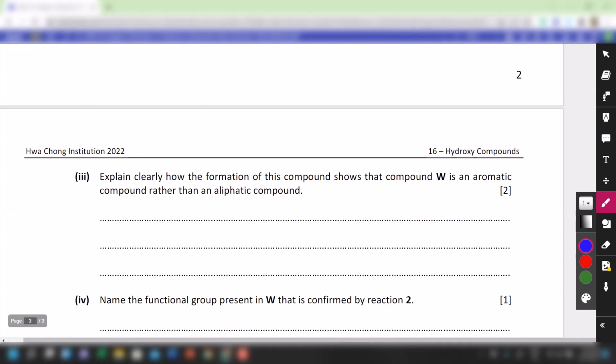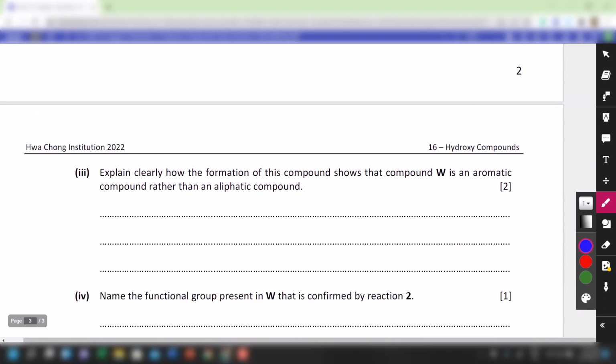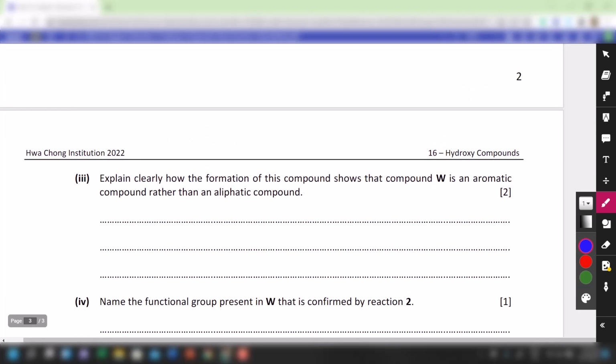Okay, then part 3, explain how the formation of this compound shows that compound W is an aromatic compound rather than an aliphatic compound. Okay, I think first of all, if W is not an aromatic compound, it will have undergone addition reaction.